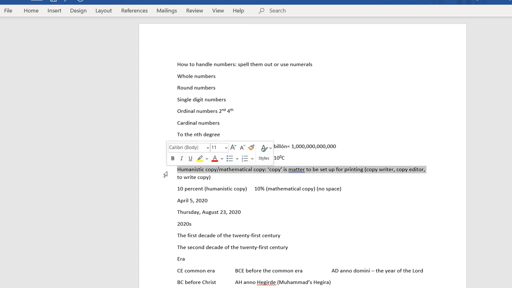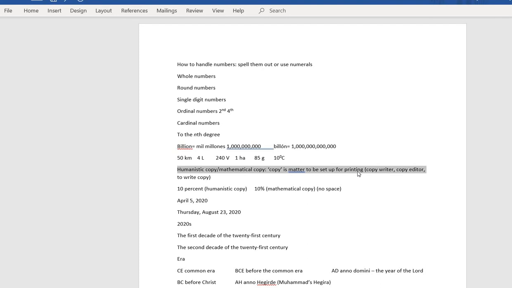Then when we talk about, in the Chicago Manual of Style, they speak about humanistic copy or mathematical copy. Copy is matter to be set up for printing, right? So it's the words, not just words, but numbers as well, that you send for people in the printing section of a business to prepare, right?